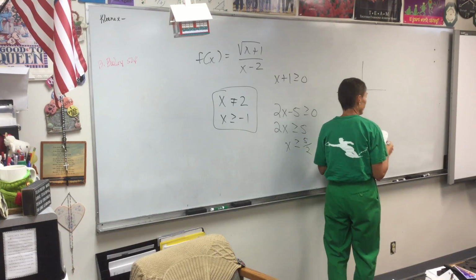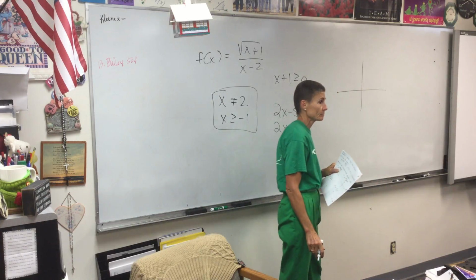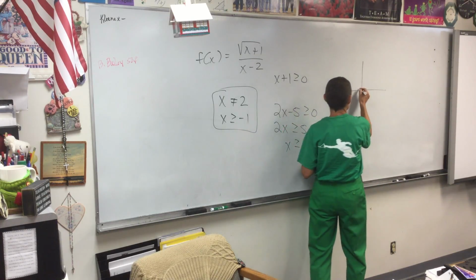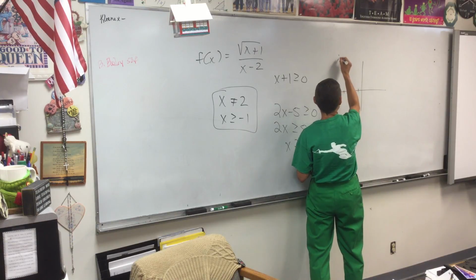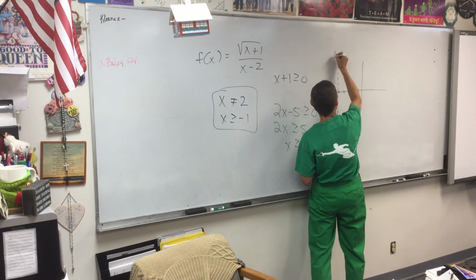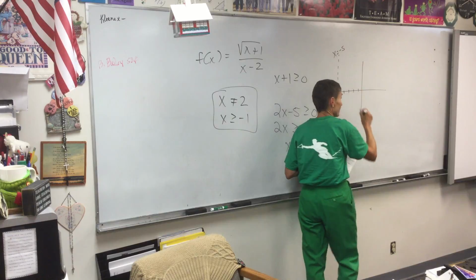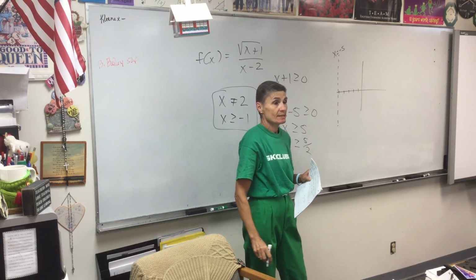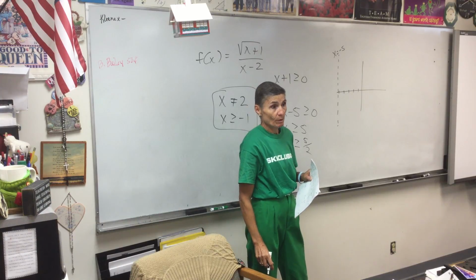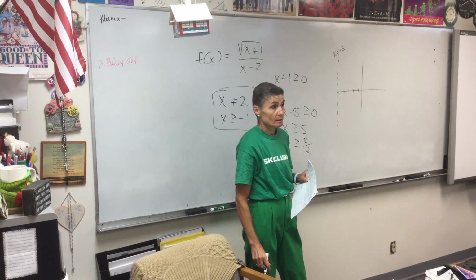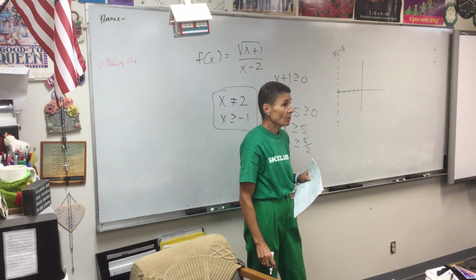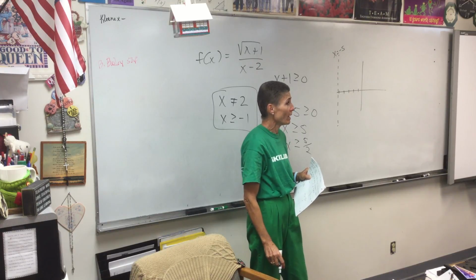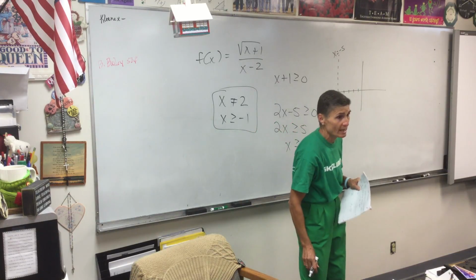What's my vertical asymptote going to be? X equals -5. And why is my vertical asymptote at x equals -5? Because that would make the denominator 0, right? And if you don't know anything else in this whole wide world, no, denominators can't be 0.